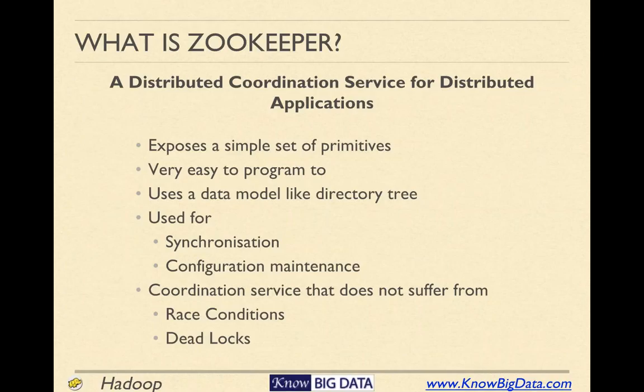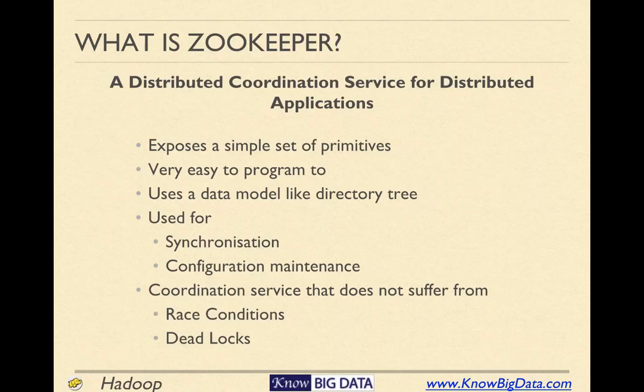Zookeeper is a distributed coordination service for distributed applications. It exposes a very simple set of primitives such as get and put. Just like in a file system, where you create a folder so that nobody else can create that folder, Zookeeper also comes with this nice tree structure so that many processes can create nodes inside this tree and all the processes can happily coordinate with each other.